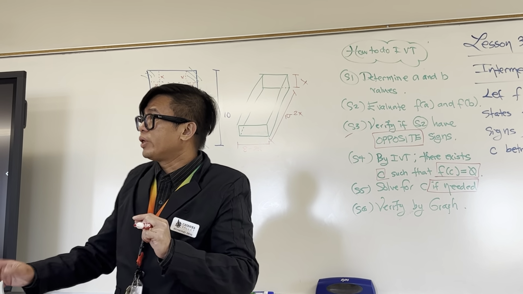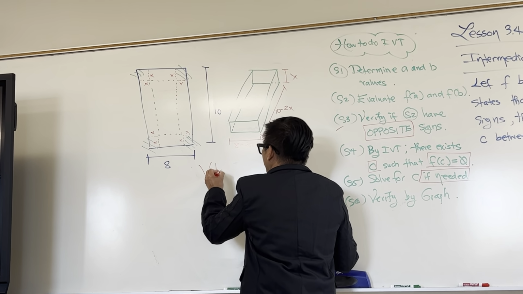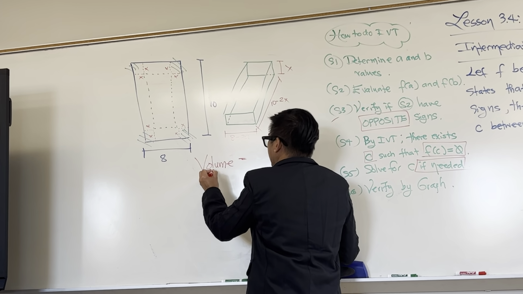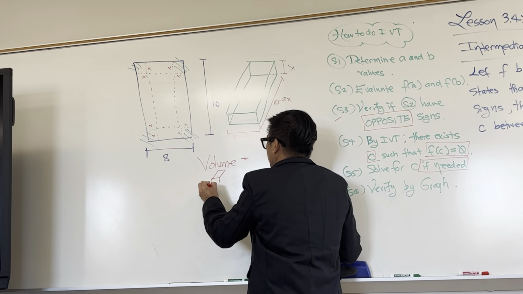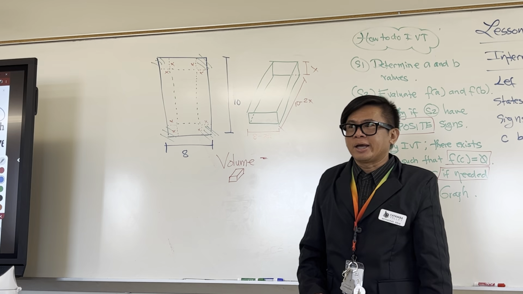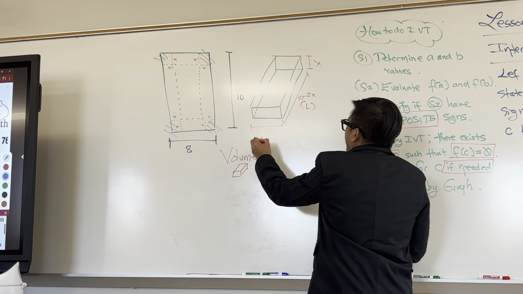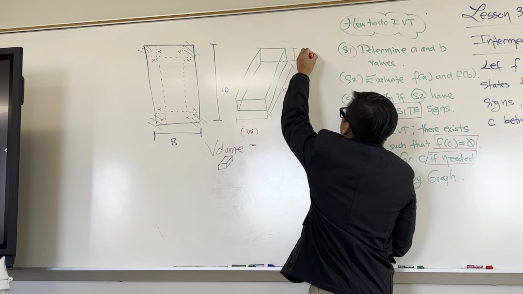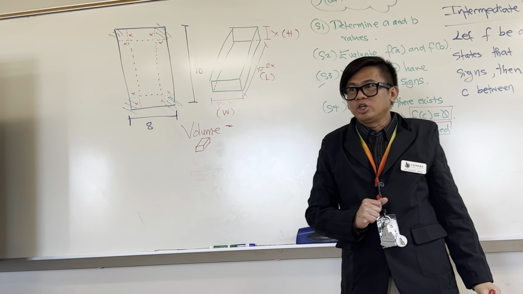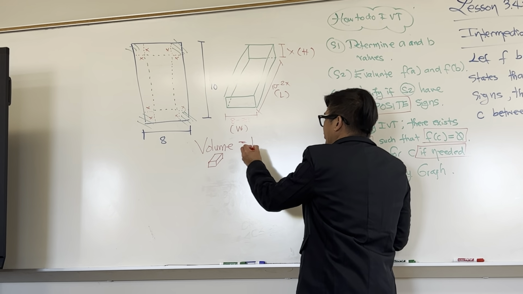With that being said, to get the volume of this one now, volume is equal to what? For any prism, a rectangular prism, what you're gonna do with the length, width, and height to get the volume is multiply them together.